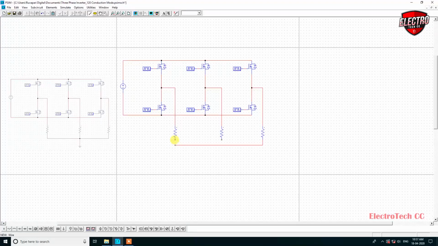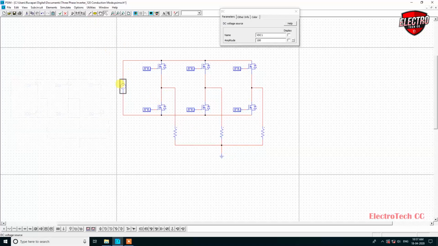Use one ground at the center point of the star configuration. Use a 24 volt DC power supply.